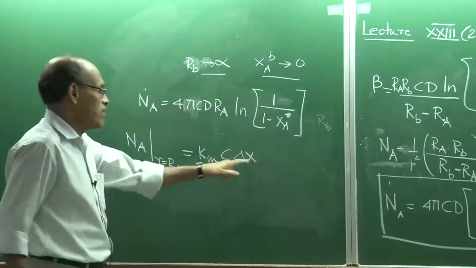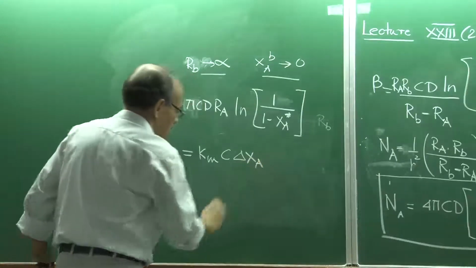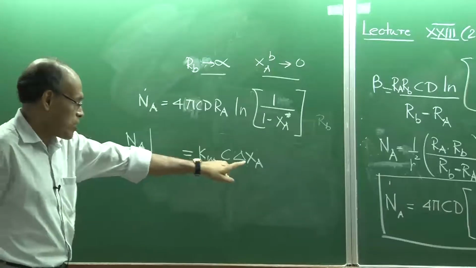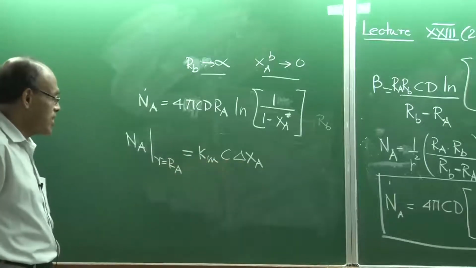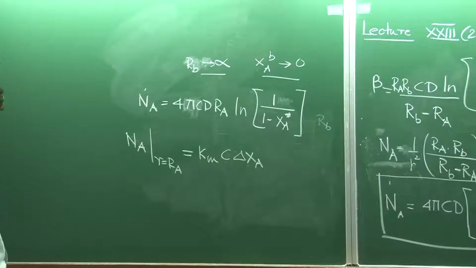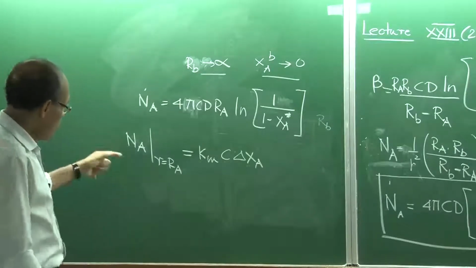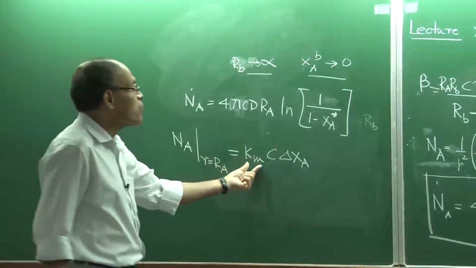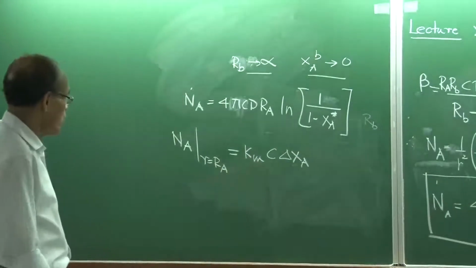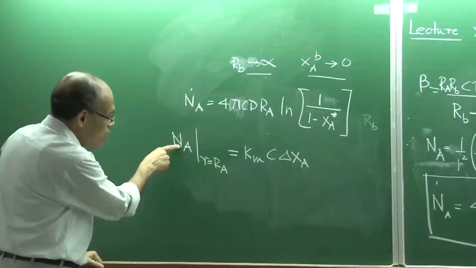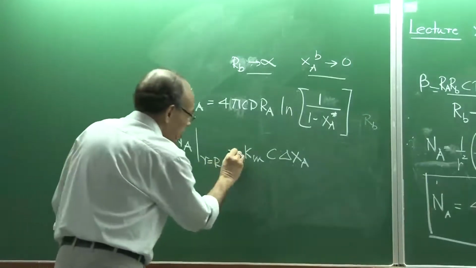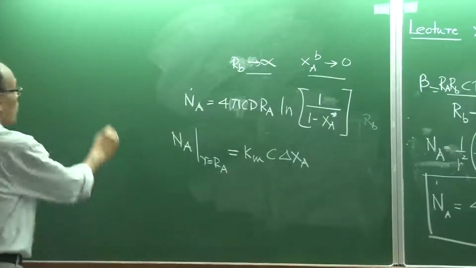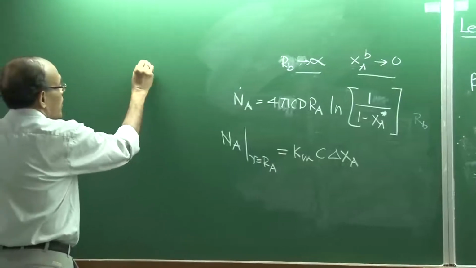Either we will write it as concentration in terms of kg per meter cube, or because this is mole fraction, therefore I have got the molar density here. So, exactly the same way, this Km represents the surface mass transfer coefficient, and the value of flux at R is equal to Ra is defined in terms of the mass transfer coefficient, just like the way we have in the case of heat transfer.